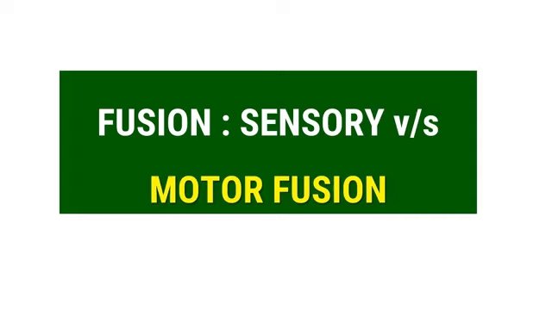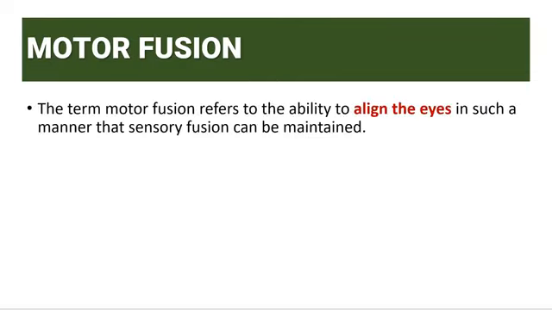Now let us talk about another fusion, and that is the motor fusion. Motor fusion refers to the ability of the eyes to align themselves in such a way that sensory fusion can happen in the brain.